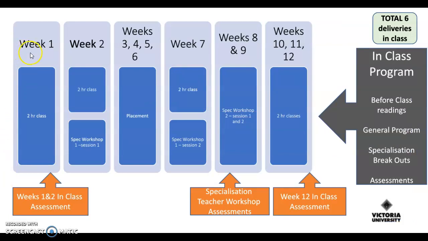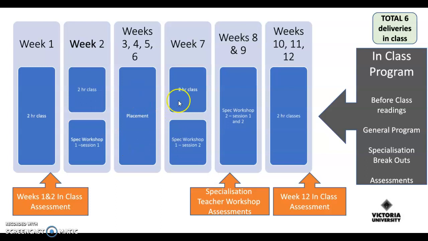So let's have a look at the weeks. In weeks 1 and 2, you will attend the 2-hour tutorial. In week 2, you will have the specialisation workshop, which is the first session of 2.5 hours, one night during that week. Weeks 3, 4, 5, and 6, you have placement, so there are no classes.